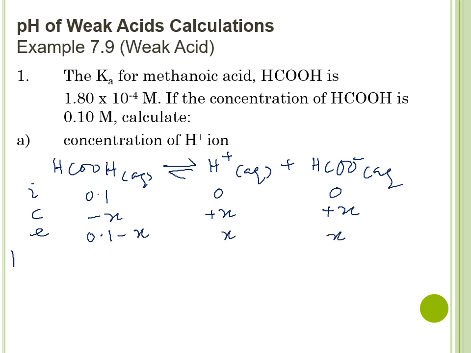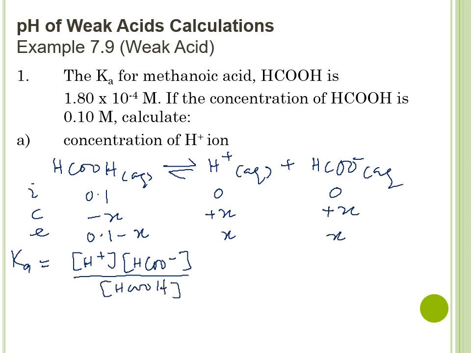Now what is the Ka expression? The product is H plus concentration multiplied by the methanoate ion concentration divided by the acid itself, and you're going to get 1.8 there.